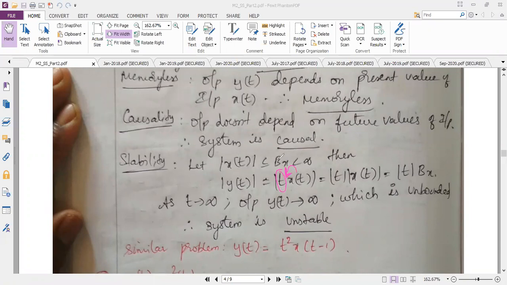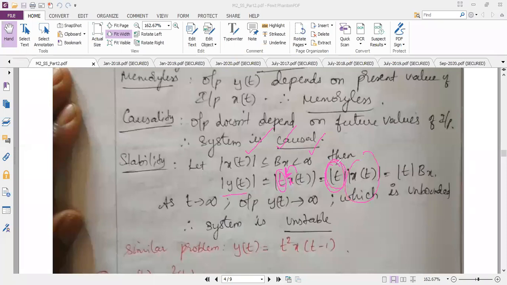So I will write as per the formula. Magnitude of x of t is less than or equal to bx, which is less than infinity. Then magnitude of y of t, as per the question, is magnitude of t into x of t. If I split it, it is a product: magnitude of t comes separately and magnitude of x of t comes separately. So here I have some additional factor multiplied with my original input x of t.